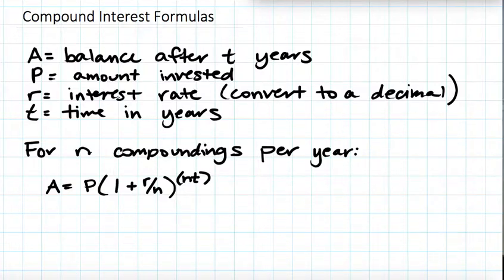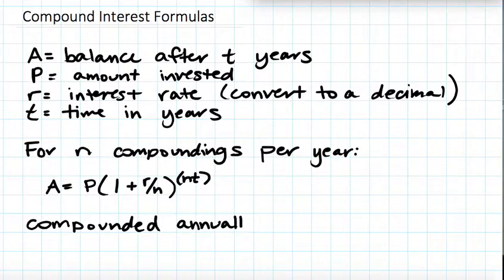So some possibilities for compounding. You could have compounded annually. Something happens annually, that means it happens one time per year. So that would be N equals 1. The N is the number of times it's compounded per year.